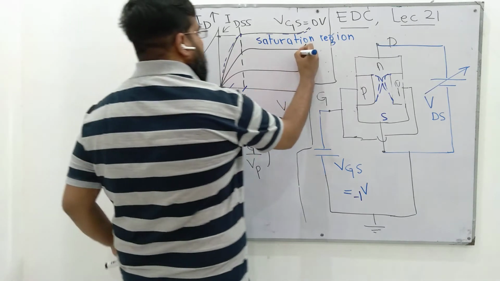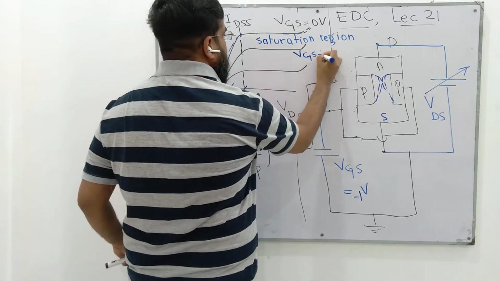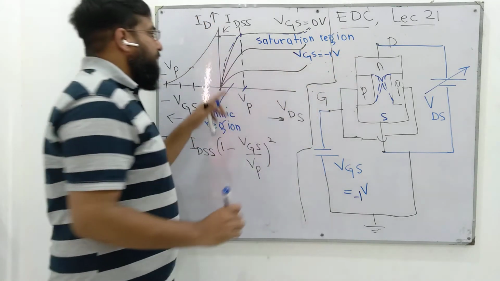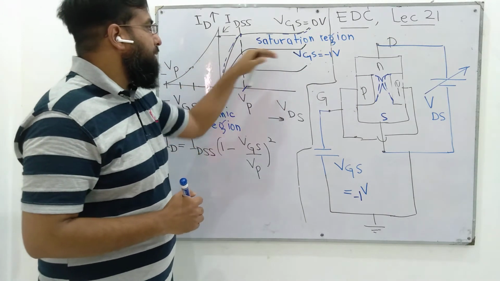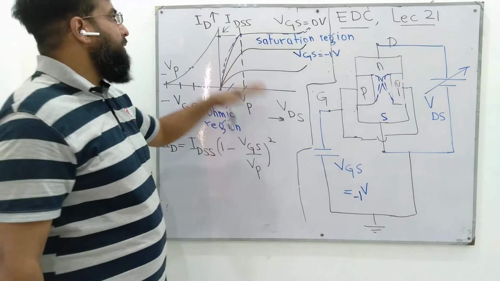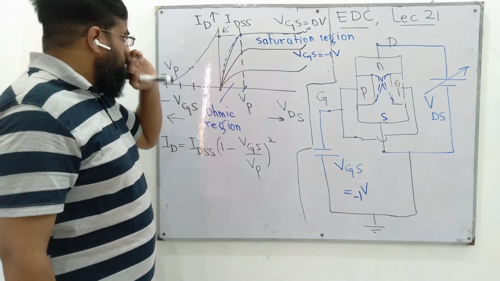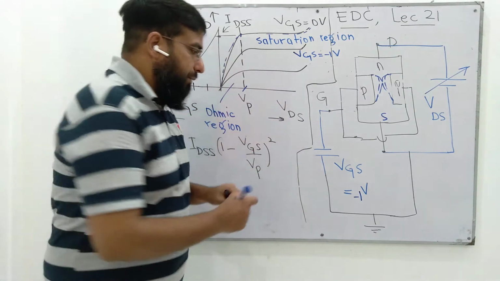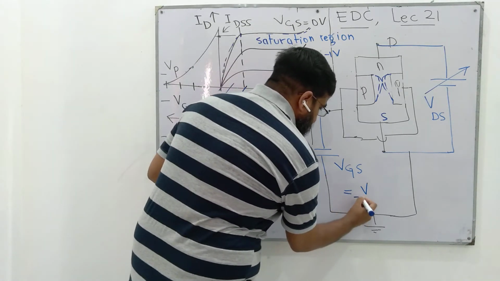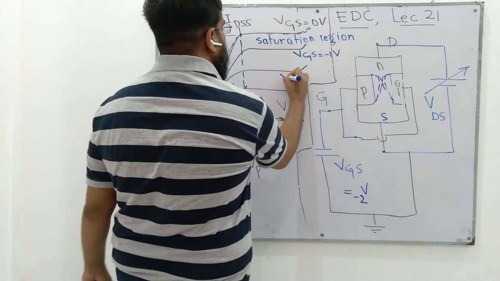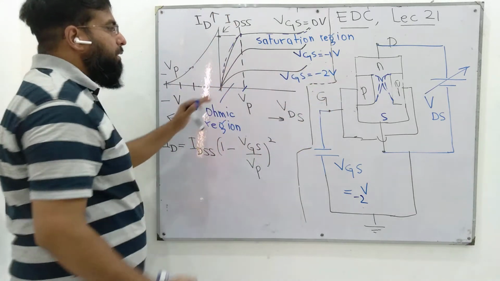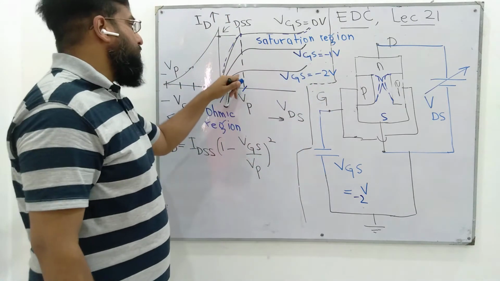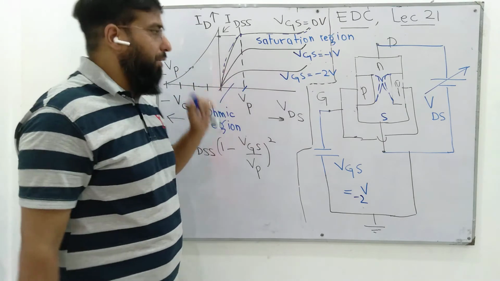So for VGS equal to negative 1 volt, this will be the characteristic between VDS and ID. For a more negative voltage, VGS equal to negative 2 volts for example, we'll have another lower characteristic whose saturation value of ID is smaller.